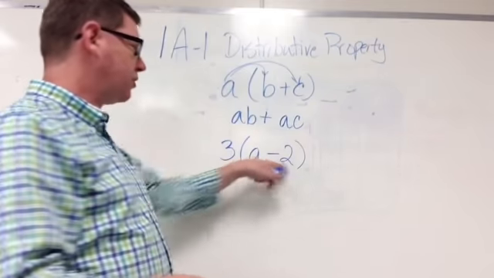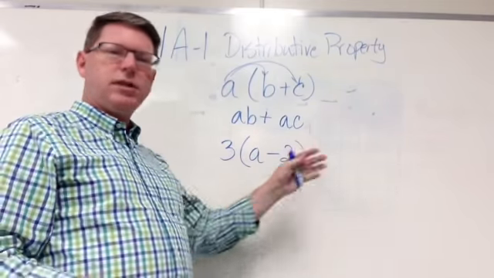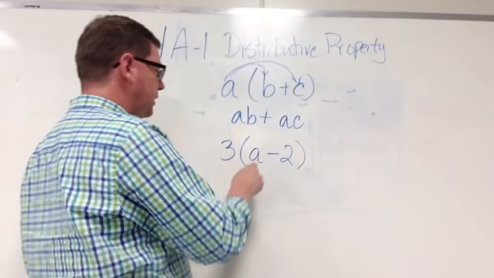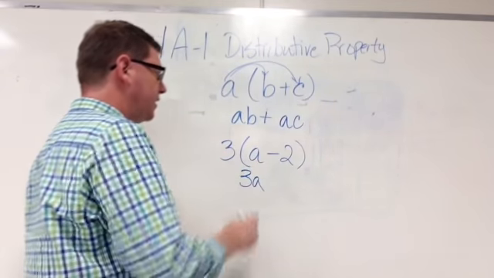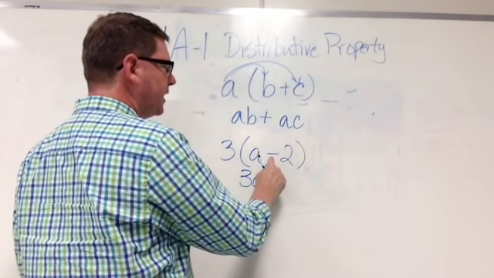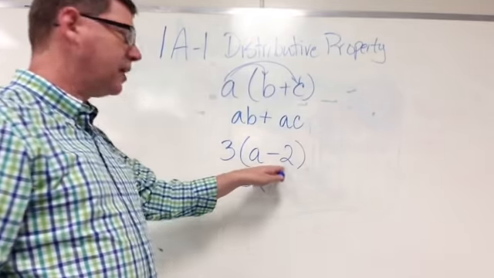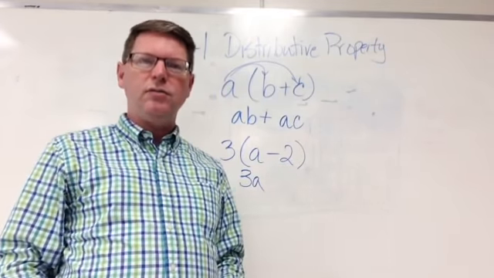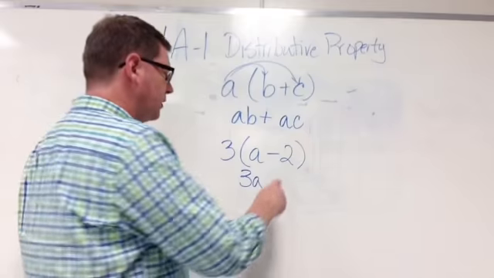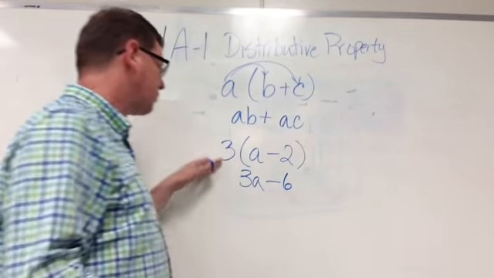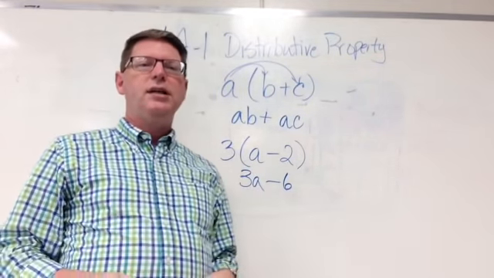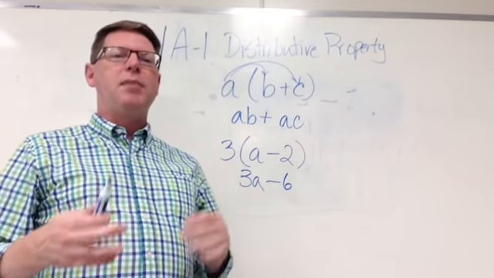So I'm going to take the 3 and multiply it by both terms that are inside the parentheses. I take 3 times A and I get 3A. And then I take 3 times negative 2. That minus sign also acts as a negative for that 2. So 3 times negative 2 is negative 6. So 3 times the quantity of A minus 2 is 3A minus 6.